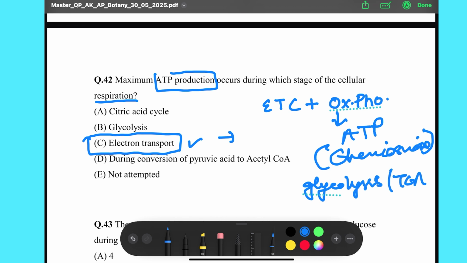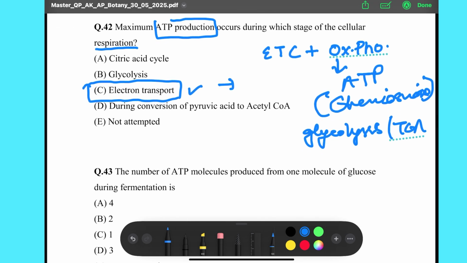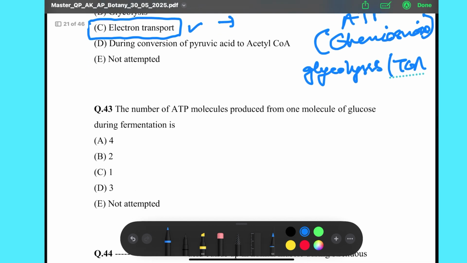So the answer will be electron transport chain. Now move to question number 43.